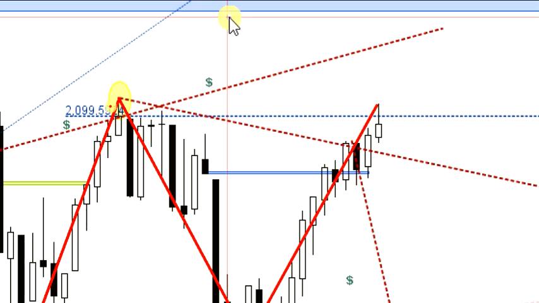But what's interesting is this, let me erase this. See this wick right here? This candle is all wick. And you can see that I drew this 2099 line right there at the close of this candle, and this area is a very important area for resistance.